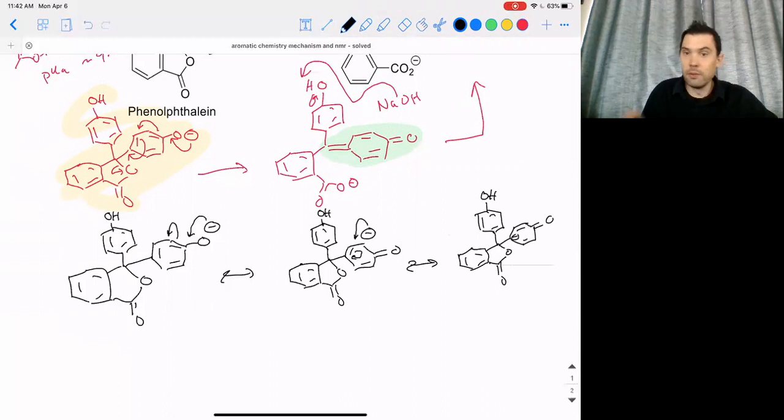And now that that negative charge is right next door to the leaving group, I can use it to push the leaving group off. And so that's a little bit more about how we could complete that mechanism, if you'd like.